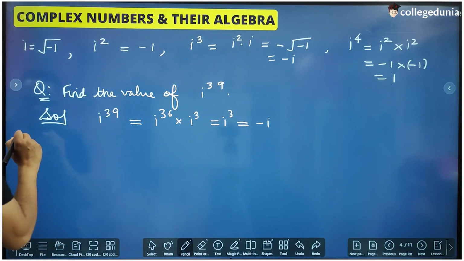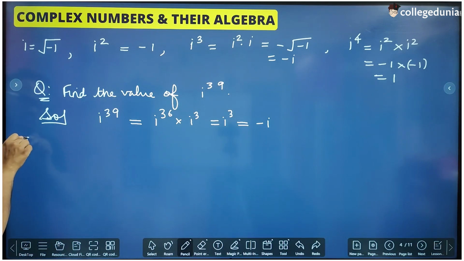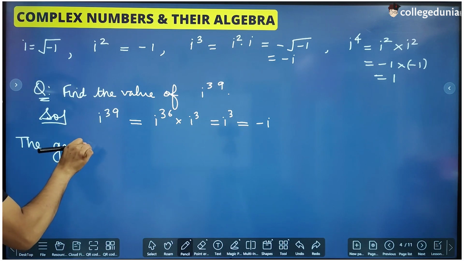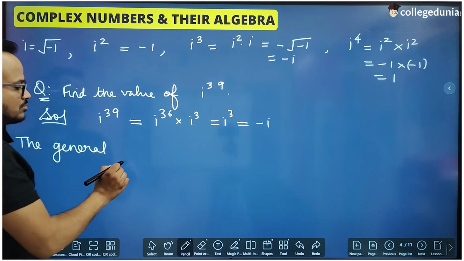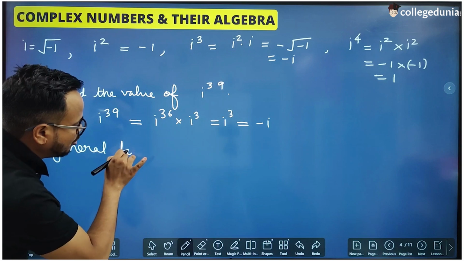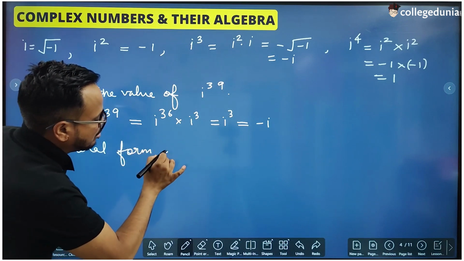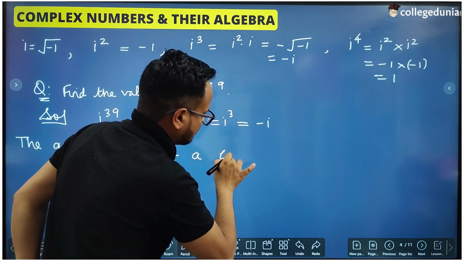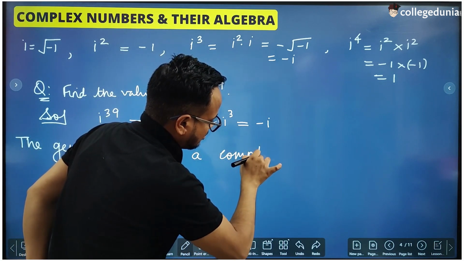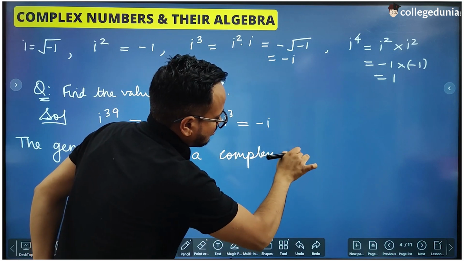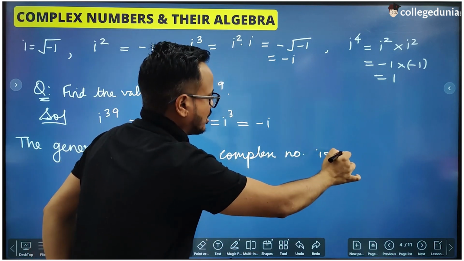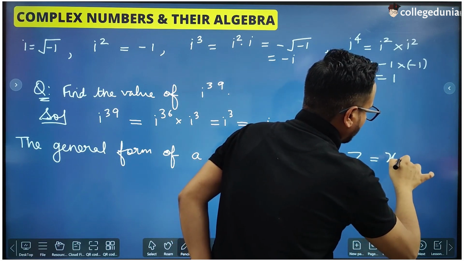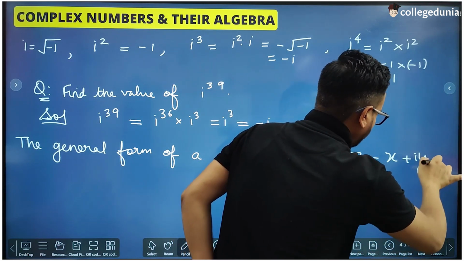Now what are complex numbers? The general form of a complex number is z equal to x plus iy.